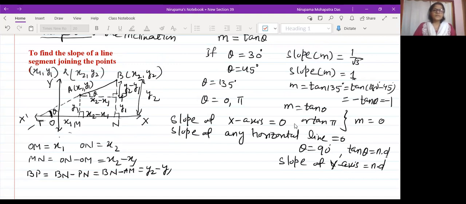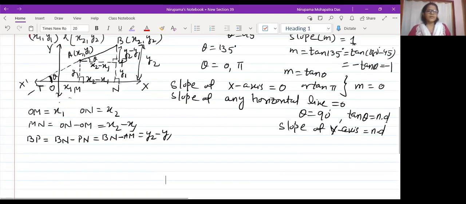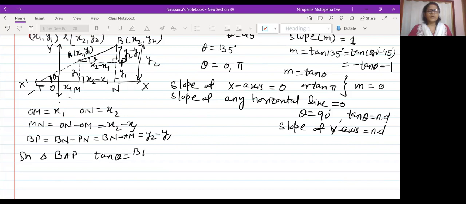Now consider triangle BAP, with the right angle at P. In triangle BAP, tan theta equal to perpendicular by base, that is BP by AP, which means y2 minus y1 by x2 minus x1.